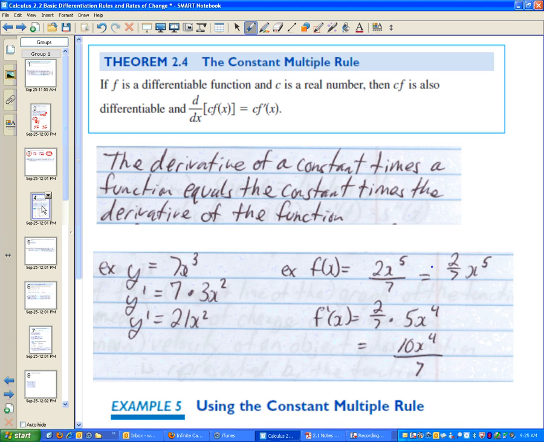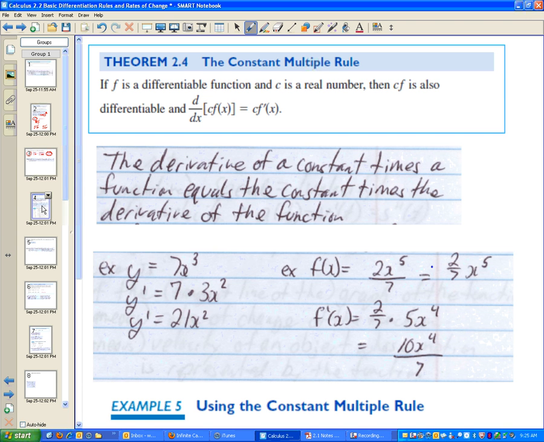All right, the next one. Next theorem is called the constant multiple rule. If f is a differentiable function and c is a real number, c is a constant, then c times f, so a constant times a differentiable function, is also differentiable.